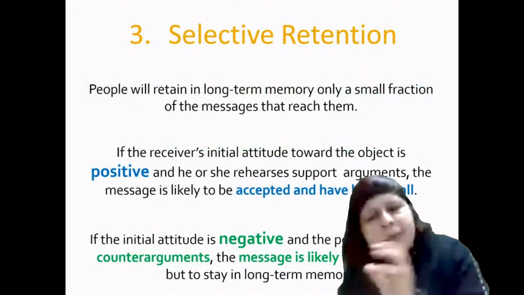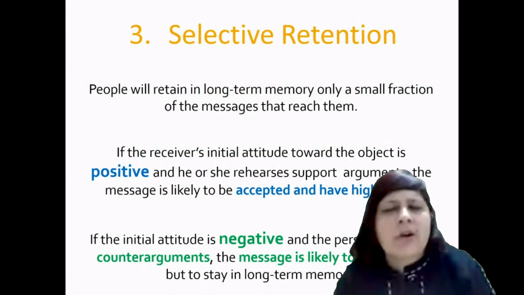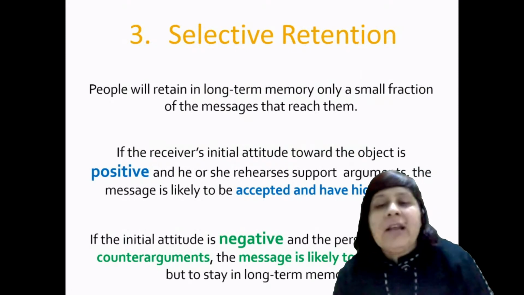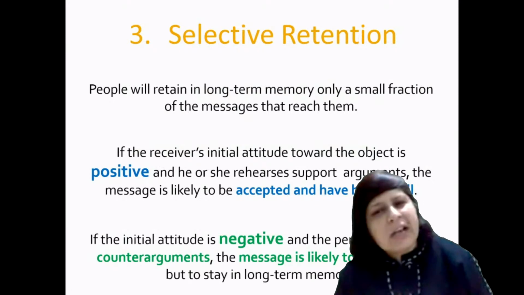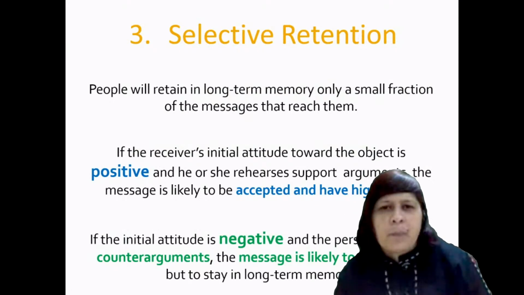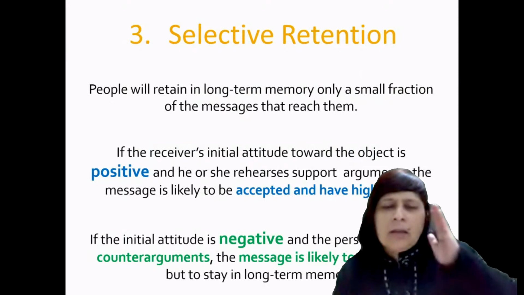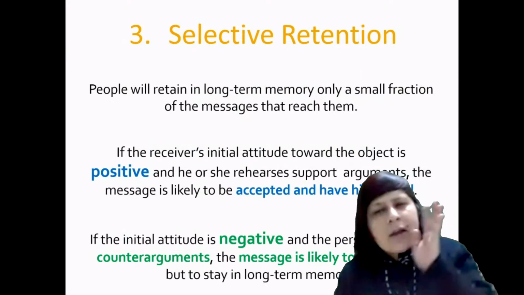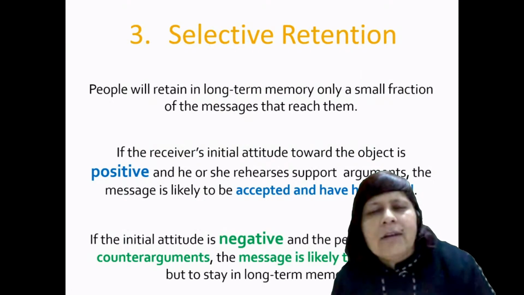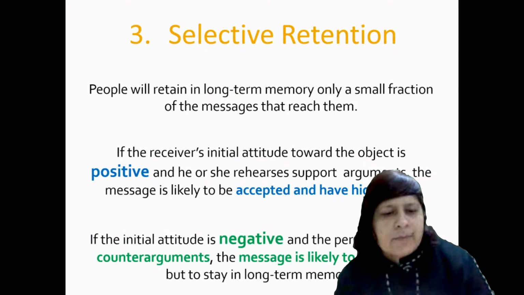selective retention. People have a short term memory. People will retain in long term memory only a small fraction of the messages that reach them, because they have a short term memory. They will retain only a small fraction of messages which are catchy, which are of their interest, which are clear, right?